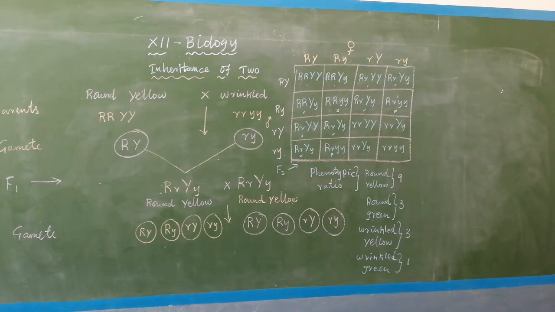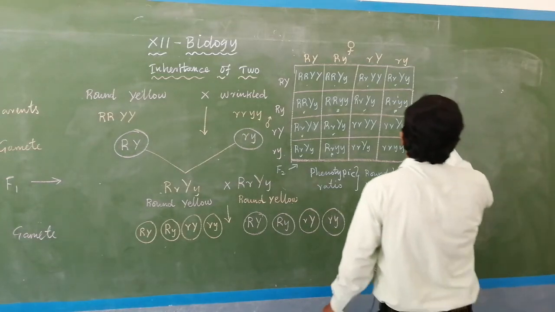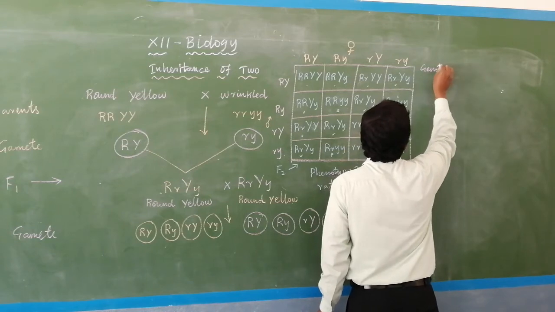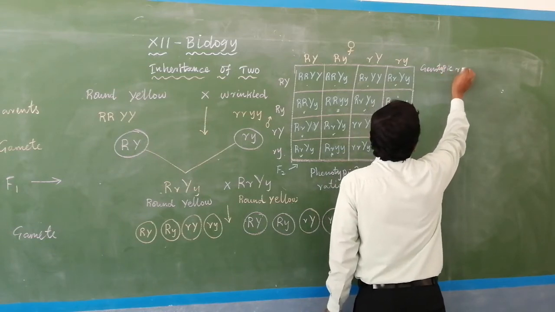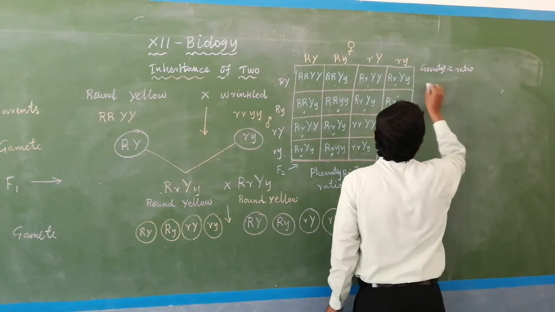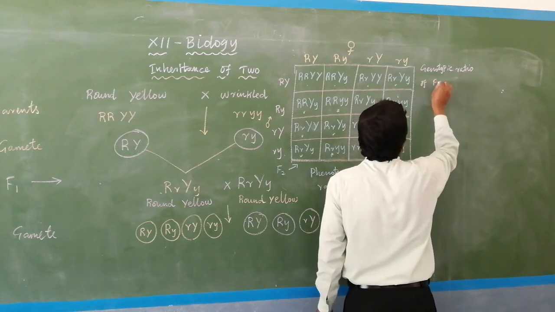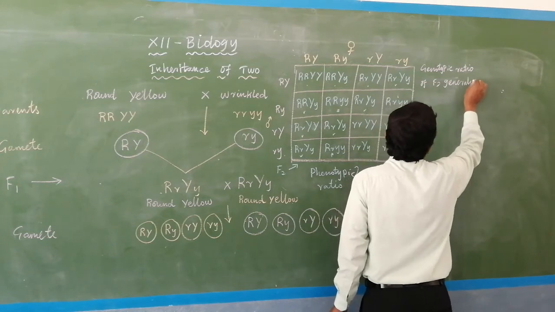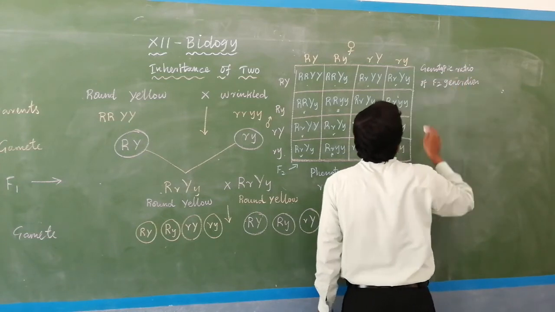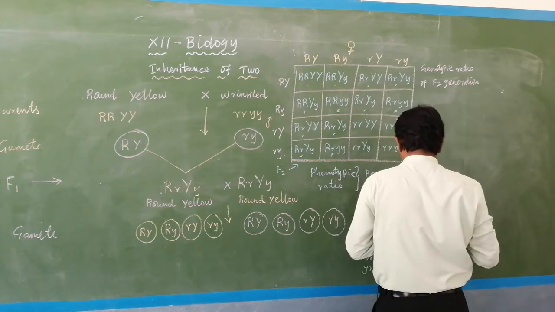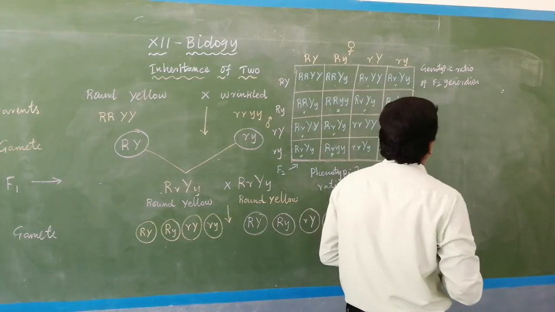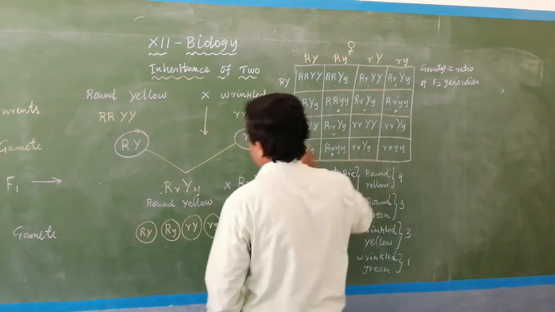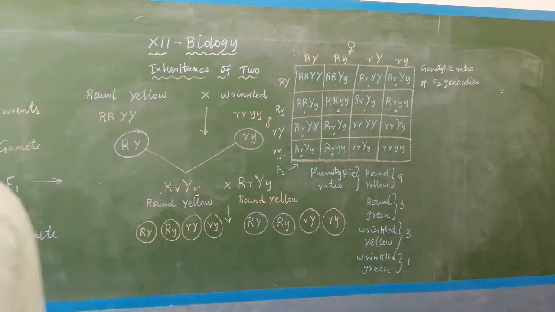Now the genotypic ratio of the F2 generation. So how many genotypes are available? First, erase the marking area.